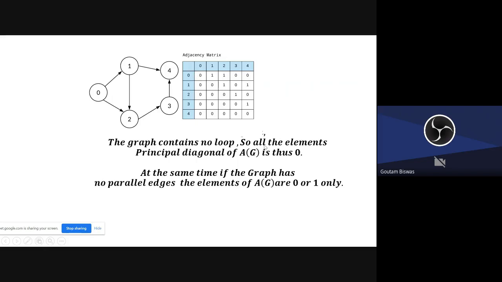So for a graph with no loop, all the principal diagonal elements are 0. At the same time, this graph does not have any parallel edges, so all the elements are 0 and 1. This you have to remember. This is true for digraphs as well as simple graphs.